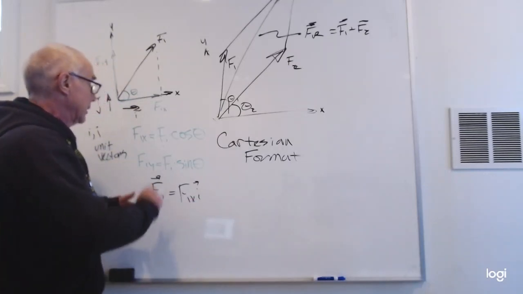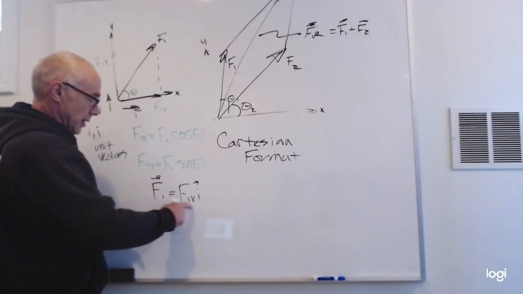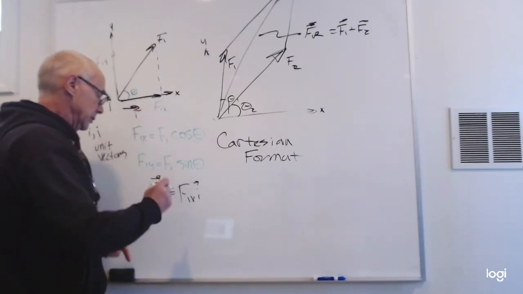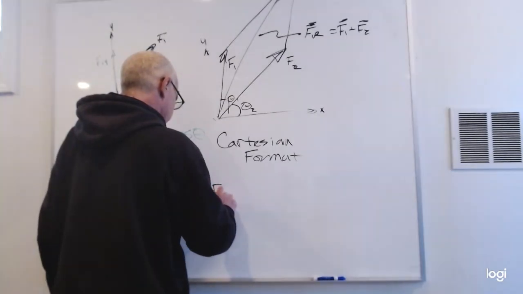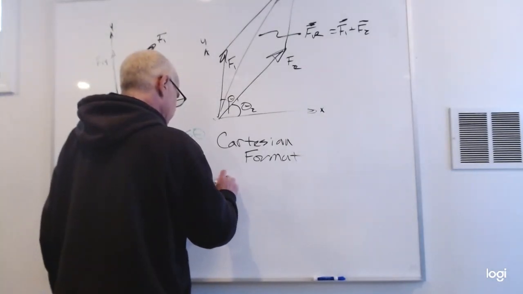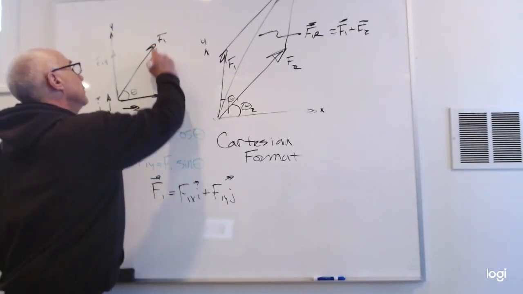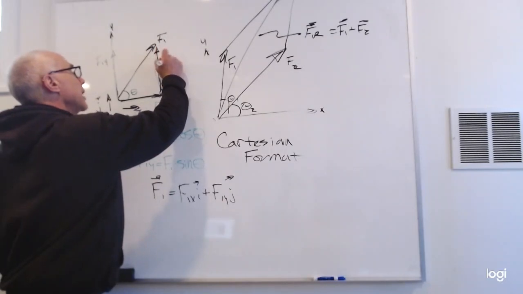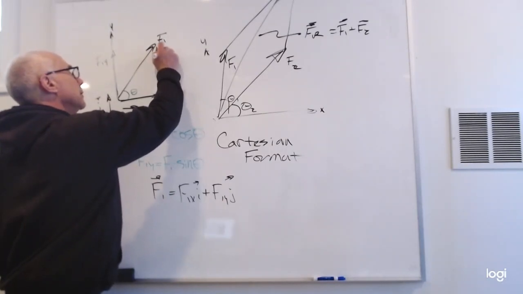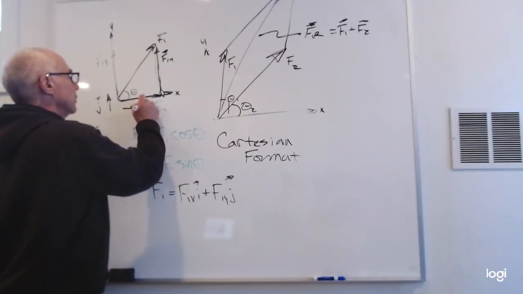So this piece here is essentially that vector. And we can add to that the other vector, F1y times j. That would be this vector. I'll just mark these, F1y vector and F1x vector.